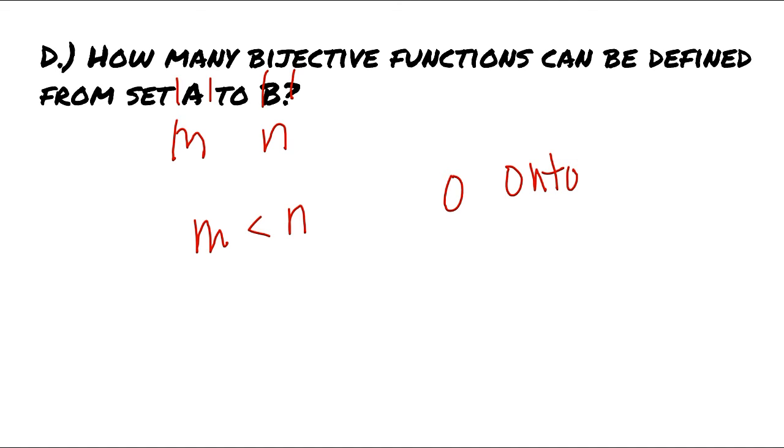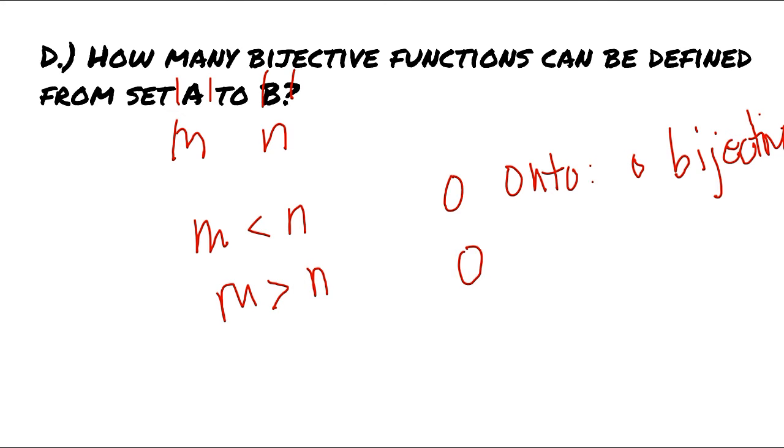Therefore, we cannot have bijective functions, so 0 bijective functions. The other case is when m is greater than n, in which case there will be 0 one-to-one functions, and therefore 0 bijections as well.